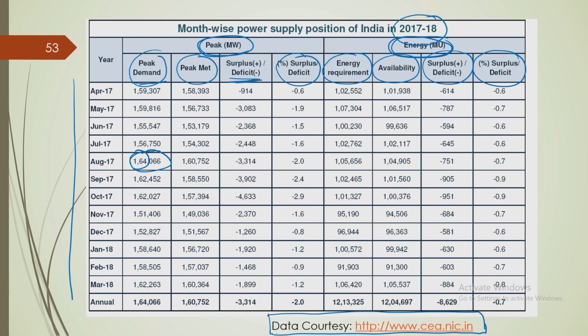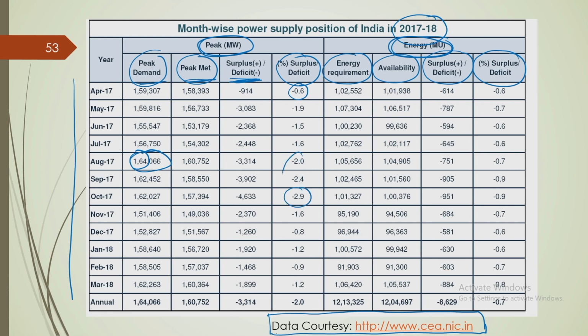Now, this next column represents how much peak was met, and this is the surplus or deficit. You can see almost all months we have a deficit in meeting this peak demand, and that deficit typically lies from minus 0.6% to minus 2.9%.